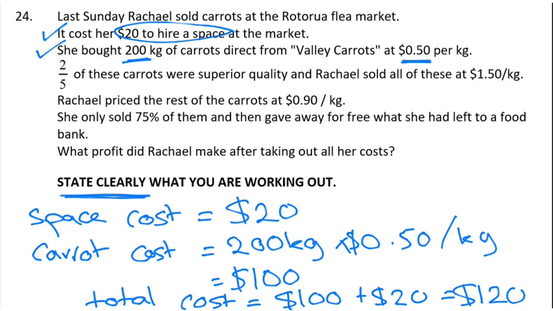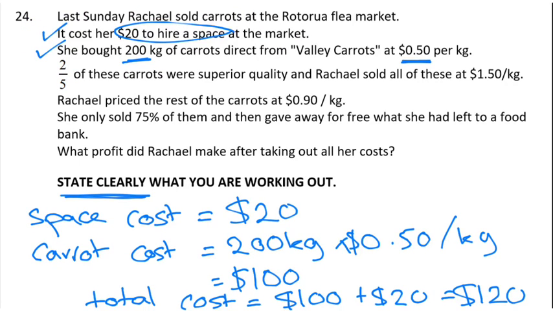Now we've got to look at what happens when she sells these carrots. So some of these carrots are superior quality and some of them are not. And she sells them for a different amount of money. So let's break that down. And so we're talking now about her sales. So she's got the superior carrots. And what do we know about superior carrots? 2/5 of those carrots. So we know there's 200 kilograms.